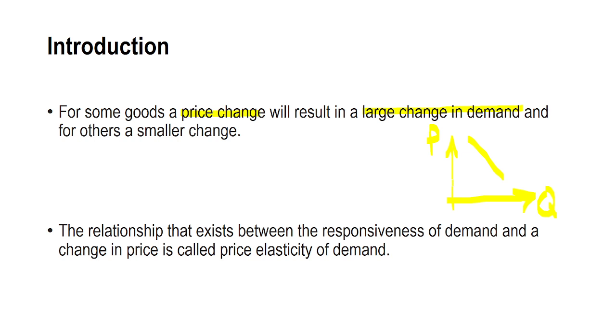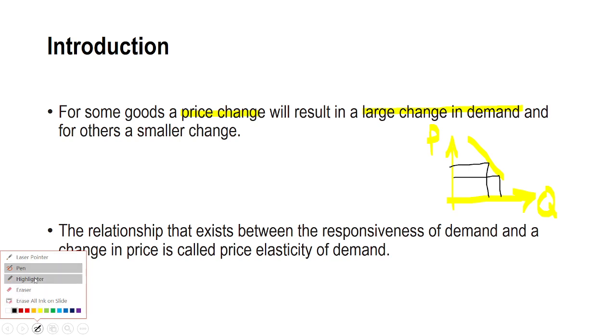The change in price affects the quantity demanded. Whenever the price increases, the quantity demanded decreases, and whenever the price decreases, the quantity demanded increases. It was an inverse relationship, in fact, between price and quantity demanded.